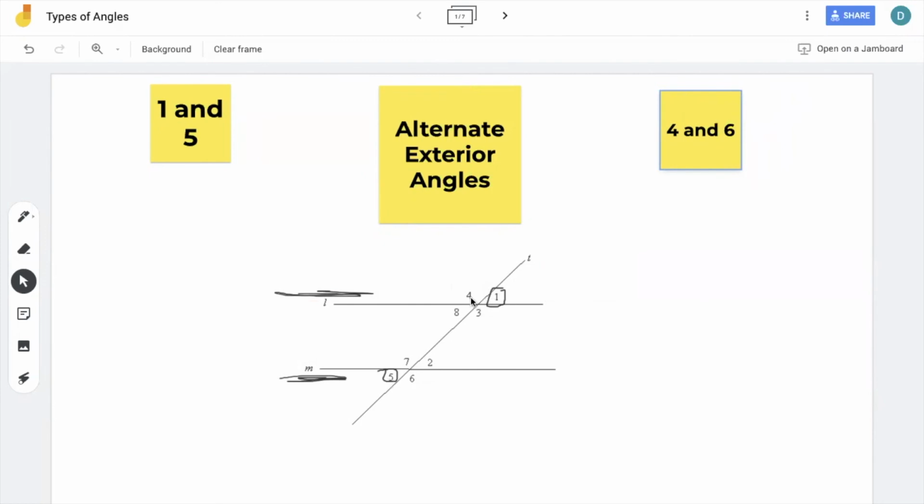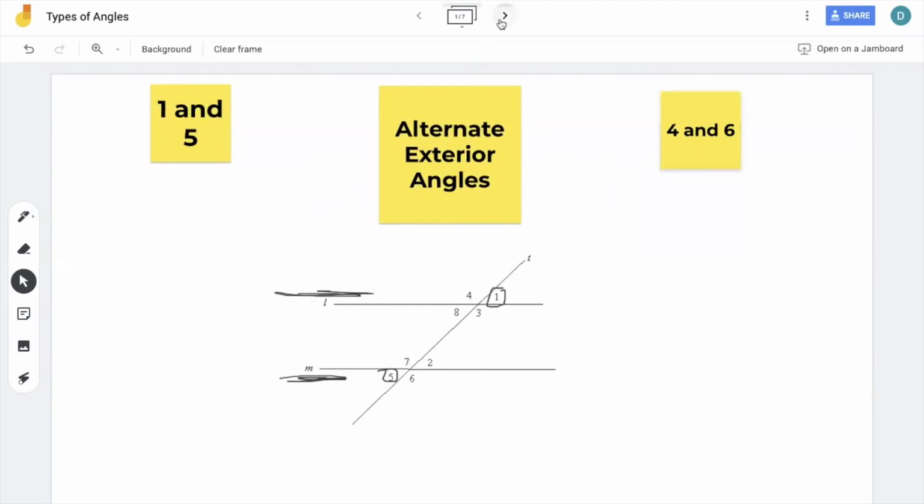Same if we said angle 4 was, let's see, 180 minus 45, which is 135 degrees. Then we'd be able to say that angle 6 is 135 degrees. So that's just the relationship between the alternate exterior angles, and that's why it's important. And you can say, oh, well, why is angle 1 equal to angle 5? Well, now you can say it's because they're alternate exterior angles, and that would be enough to prove your statement.